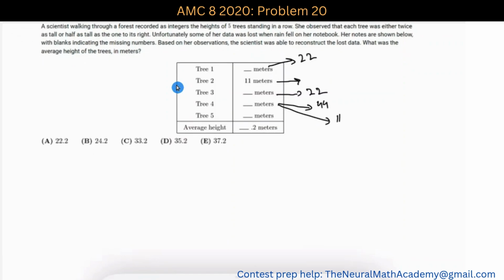What our numbers are, and then we will take their sum and take the average. So let's say we have 22 plus 11 plus 22 plus 44 plus 22. And similarly, we have 22 plus 11 plus 22.